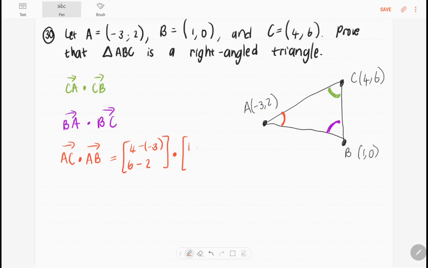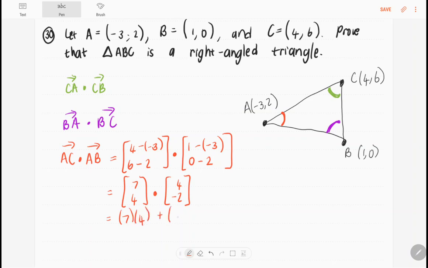So it's going to be 1 minus minus 3, and then it's going to be 0 minus 2. So that gives us 7 and 4 dot 4 minus 2, which gives us 7 multiplied by 4 plus 4 multiplied by minus 2, which gives us 28 minus 8, which is 20, which is not 0. So therefore, that angle is not a right angle.